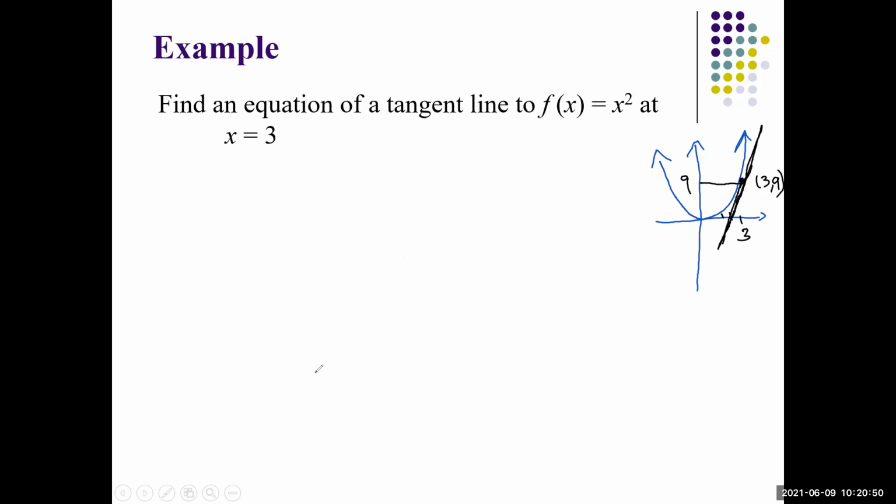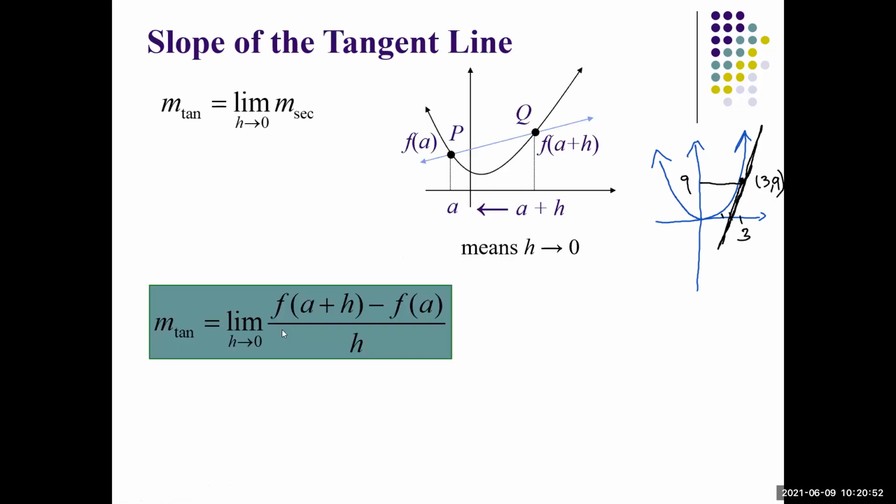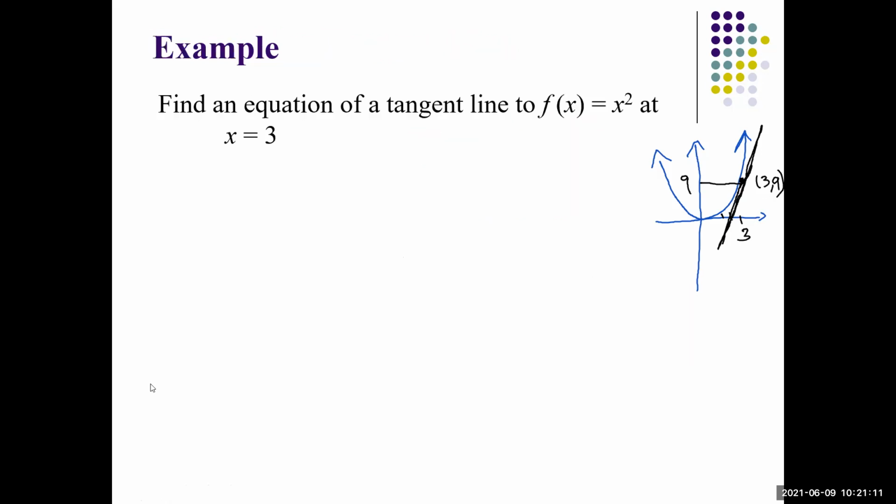Looking back at the formula, the slope is the limit of f of a. What is a? a is the x coordinate of the tangent point P. In this case, a is 3.